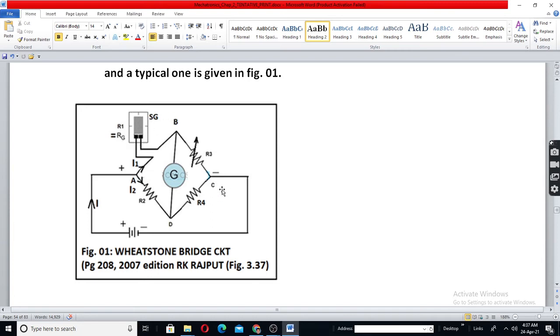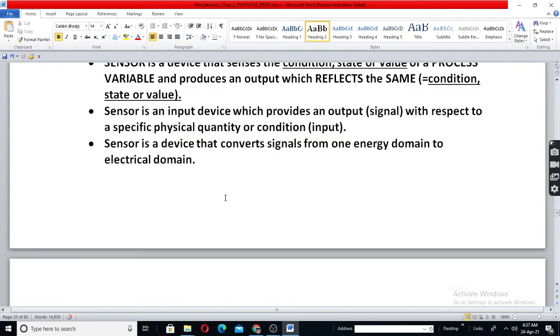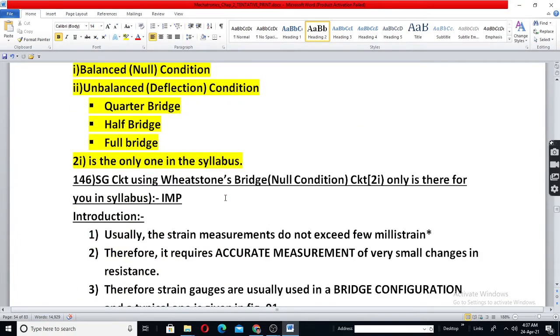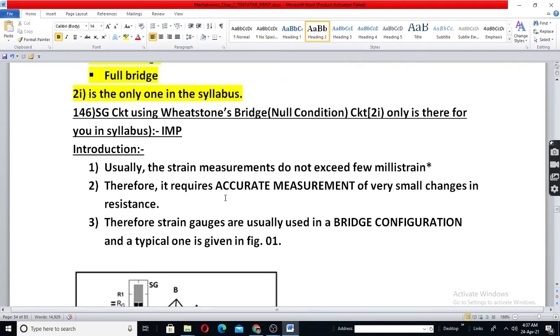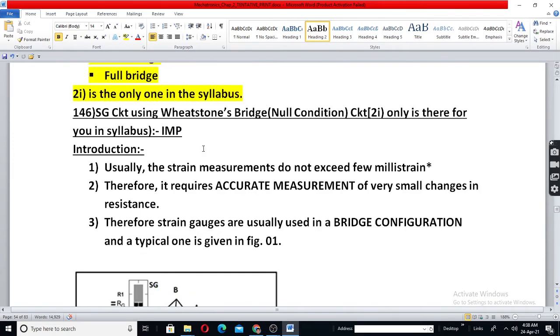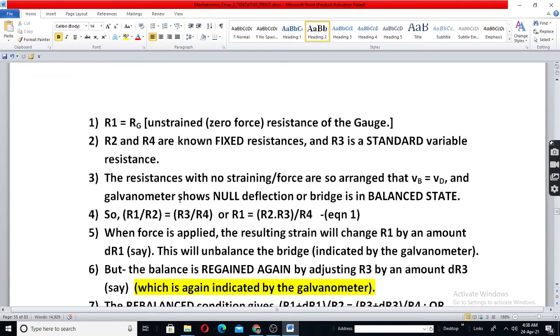So there are two methods. You have the null method. Null method means initially the bridge will be in balanced condition. After applying force also, you will measure by the null technique only. You will again make it 0 by varying R3. The equations are given here.